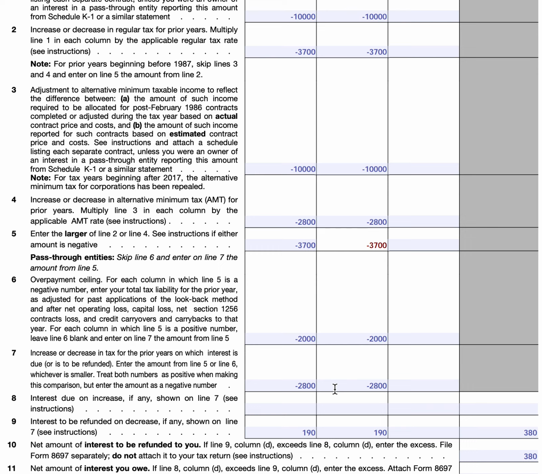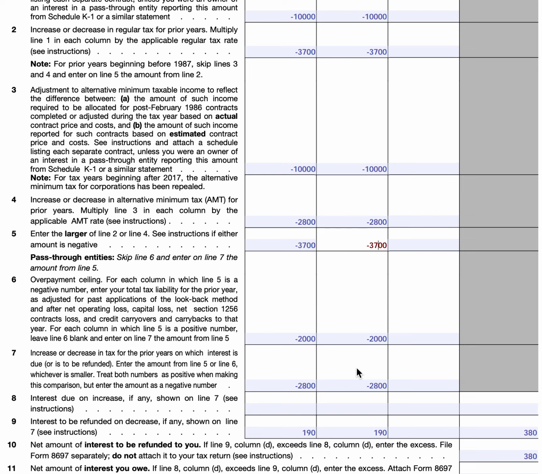So the overpayment ceiling, for each column where there's a negative number, you'll enter your total tax liability for the prior year after adjusting for previous applications of the look-back method, after net operating losses, after capital losses, net section 1256 contracts losses, credit carryovers, and carrybacks.